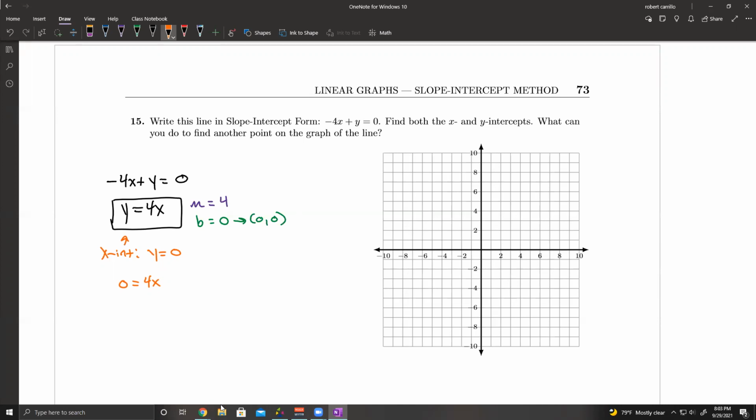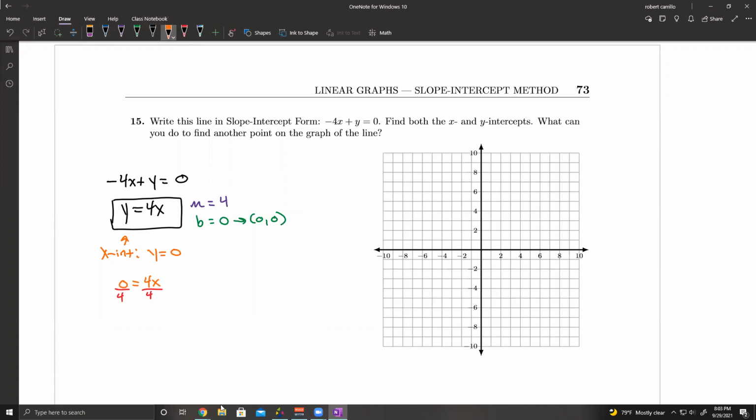How do I get x all by itself? Don't divide by x, but divide by the number attached to it. What could I divide by? 4.